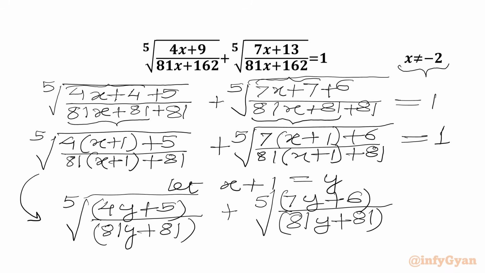RHS is 1. Now we will multiply our numerator and denominator inside the radicand by 3. So let us multiply numerator and denominator by 3.